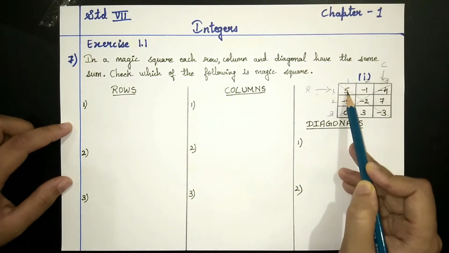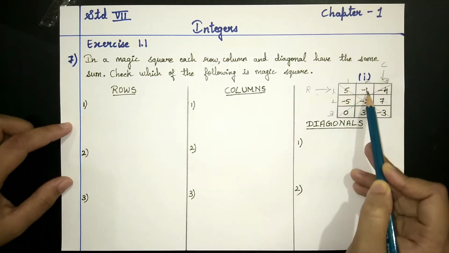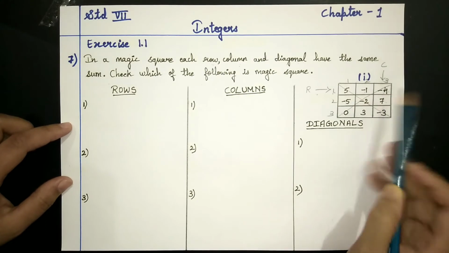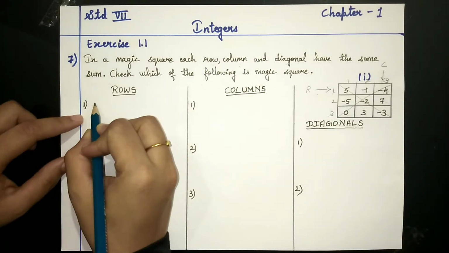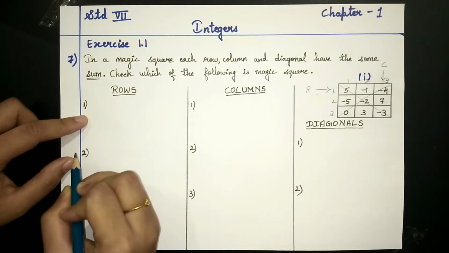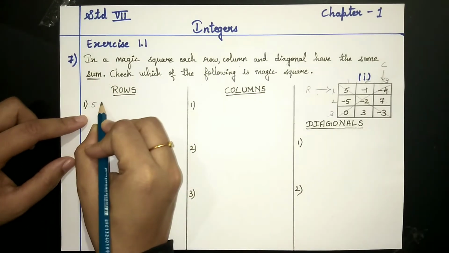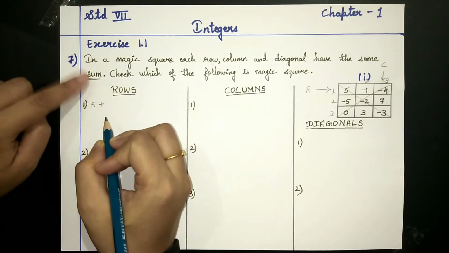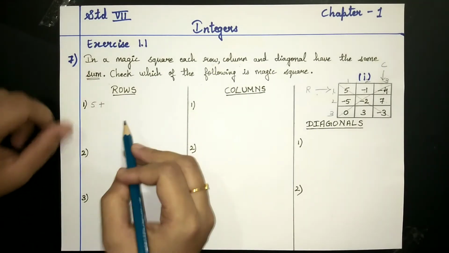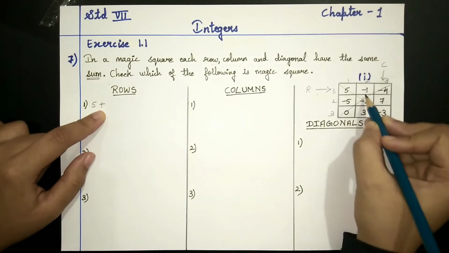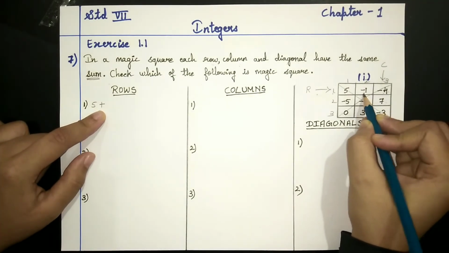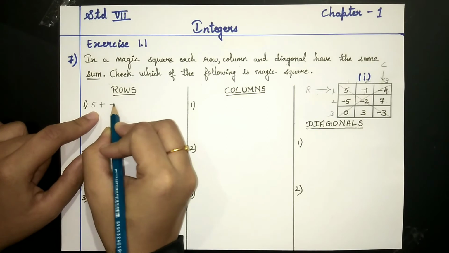In row number 1, what is there? 5, minus 1 and minus 4, 3 numbers are there here, okay. So you have to do the sum here, that means you have to add all these numbers. So first number is 5, then put addition symbol. Why addition symbol? Because they have told us to do sum, okay. What is the next number here? It is minus 1, right? So minus 1.